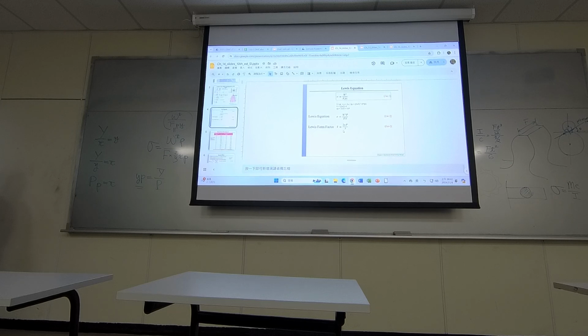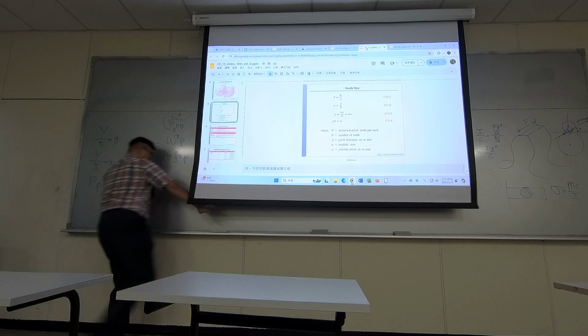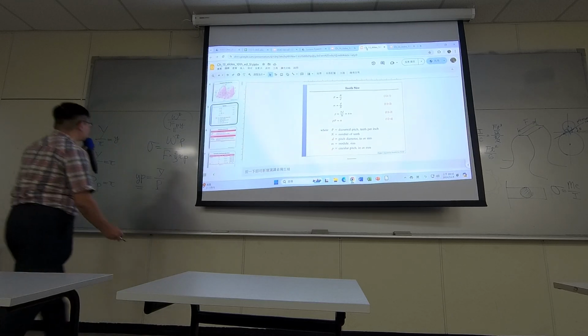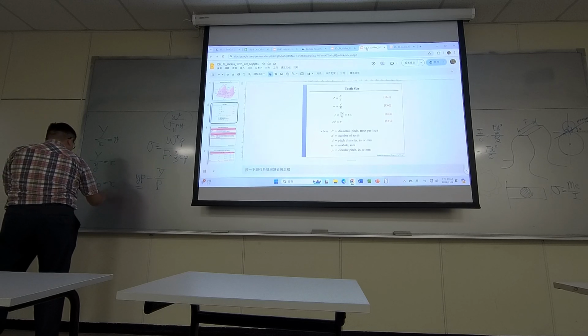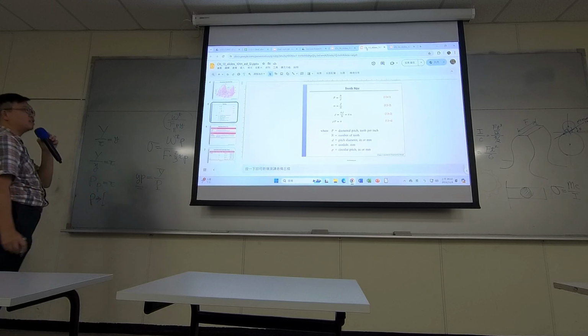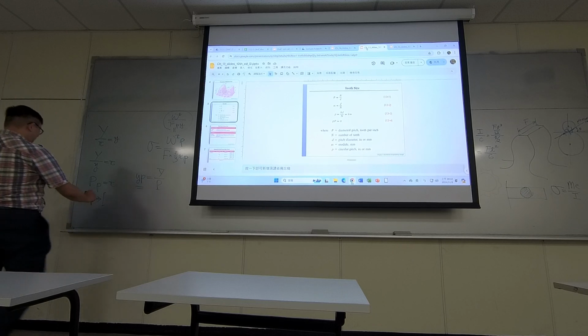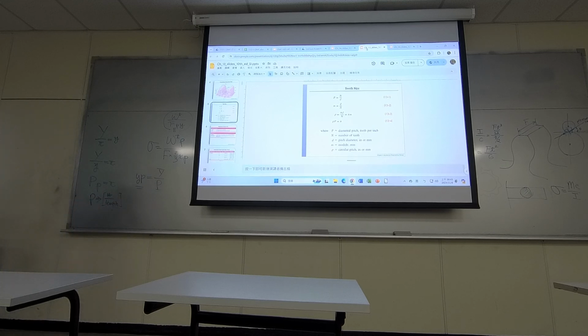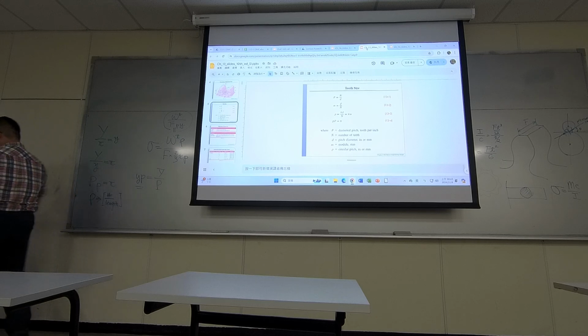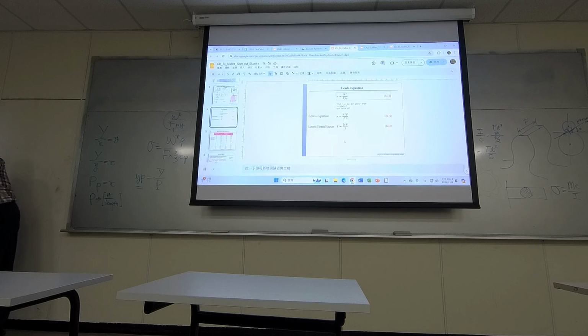Is it? No, because let's check the unit. Capital P is a number over length, right? Number over length. Okay, that's capital P. How about small y?